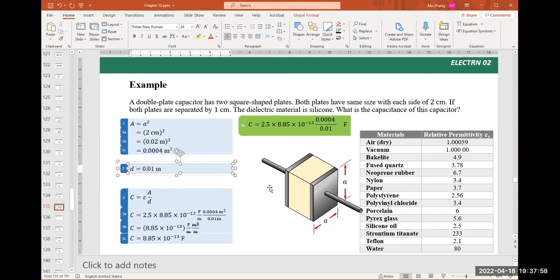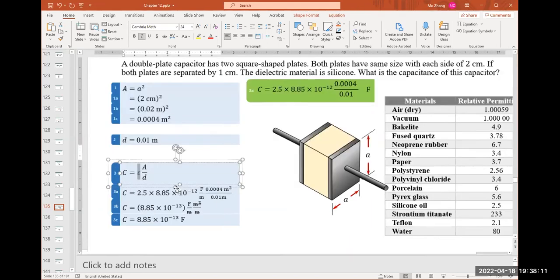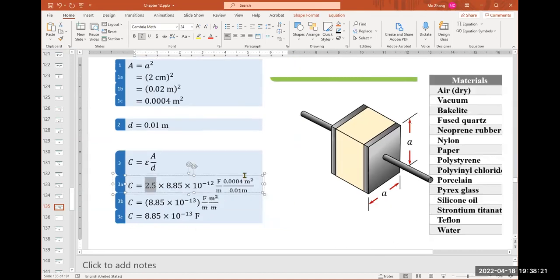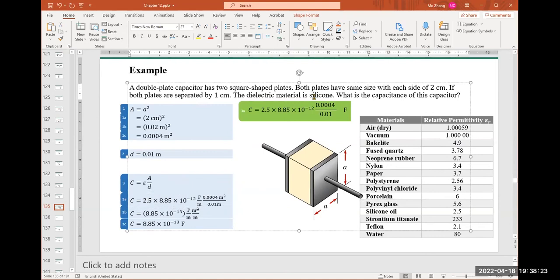It's time to find the capacitance of this double plate capacitor, a parallel plate capacitor. C equals epsilon, the absolute permittivity, times the area, divided by the distance. So for epsilon, here we are using the given silicon.